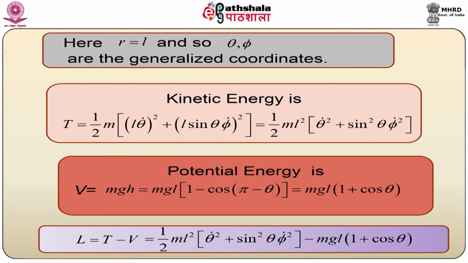Potential energy is V equal to mg into h. h is given by L minus L into cos(pi minus theta), which finally gives mgL into (1 plus cos theta). So, L, which is the difference between the kinetic energy and potential energy, has this form.